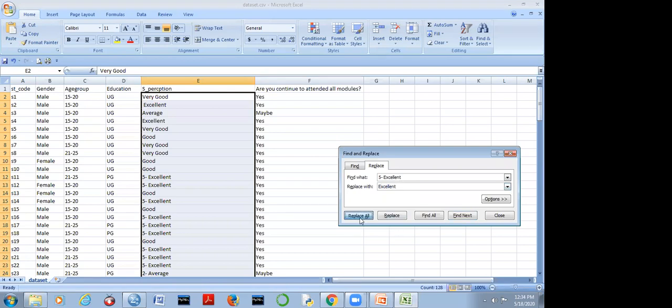Excellent, replace all. Anything left? Poor may be left. Poor, average, 2 space average. Average is replaced with average.